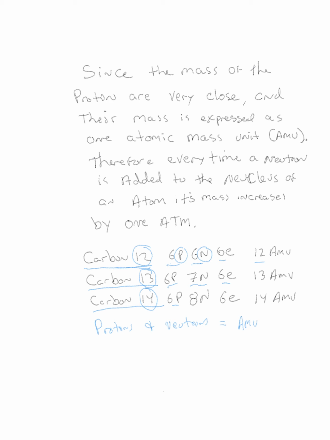So a carbon-13 atom has 6 protons and 7 neutrons. And then a carbon-14 atom has 6 protons and 8 neutrons, and 6 electrons. And so its mass is 14 atomic mass units. So another way of thinking about this is that of these 3 isotopes, carbon-12 is the lightest and carbon-14 is the heaviest.